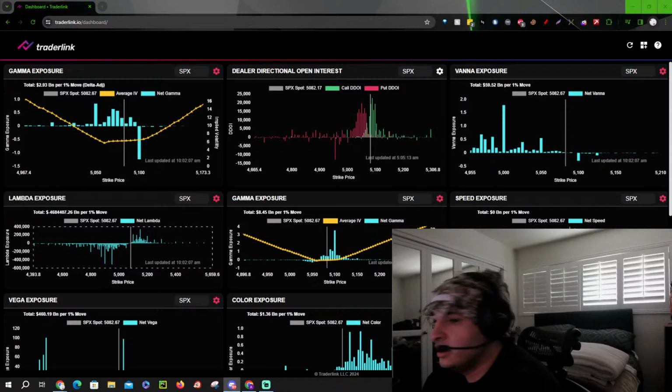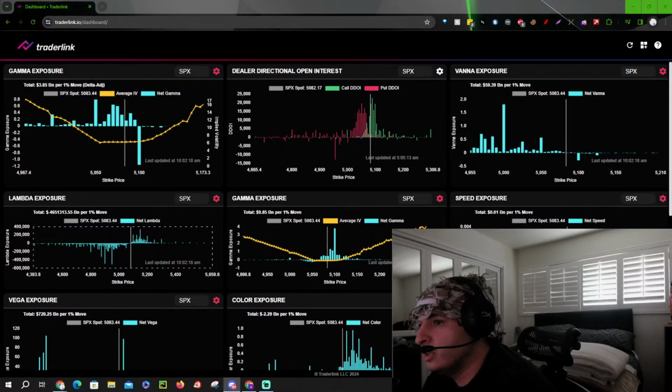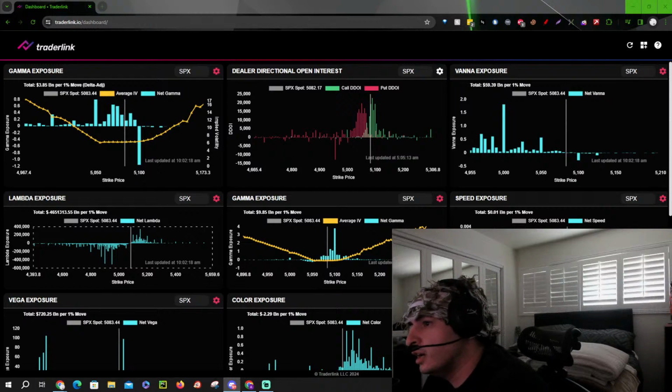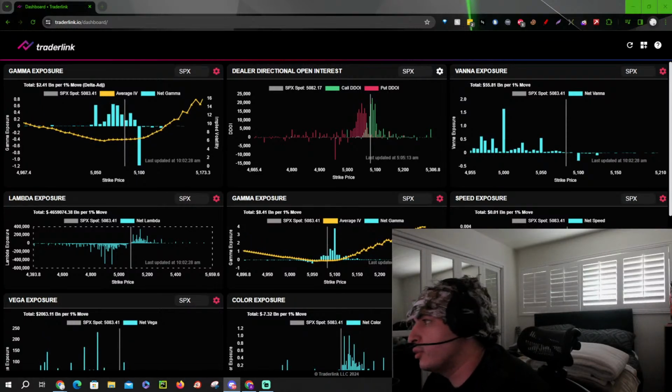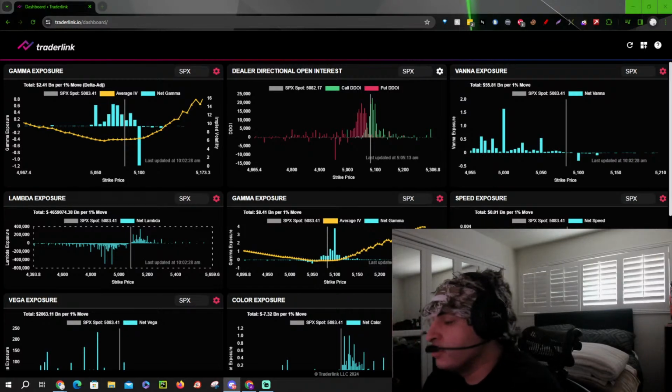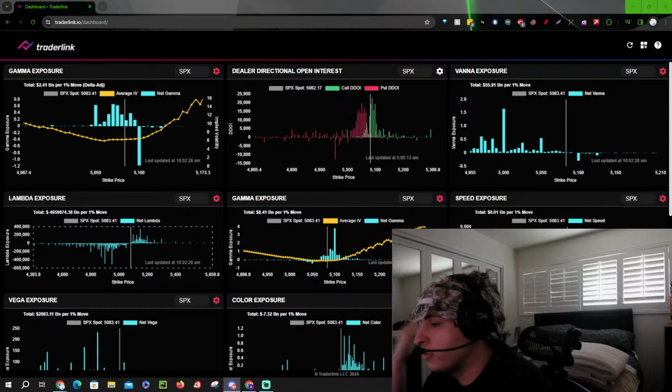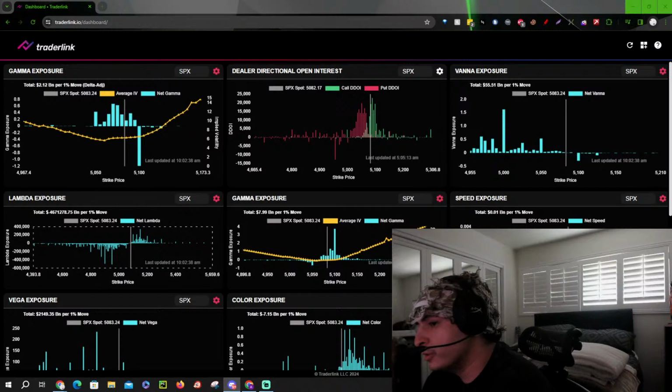Delta adjusted is gonna give you more of a line in the sand type of thing. The zero point won't change as much, so it's a little bit easier to actually read. The thing with the raw exposure is it's a naive calculation, so it's gonna fluctuate a lot as we move in price all the way down to the zero point or from the zero point.